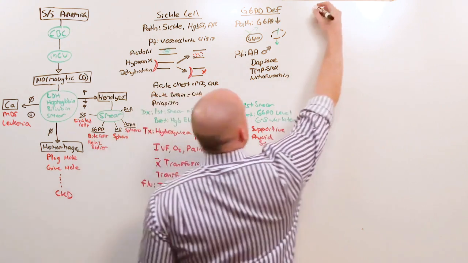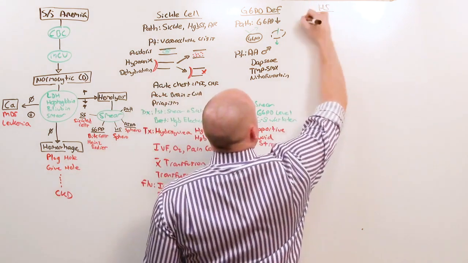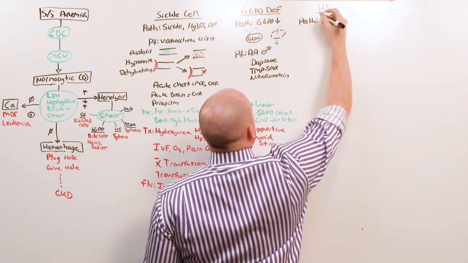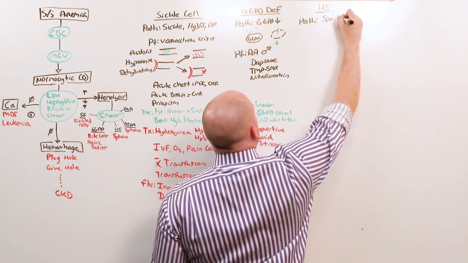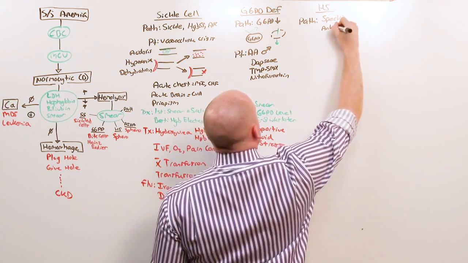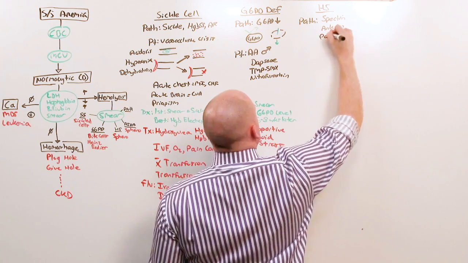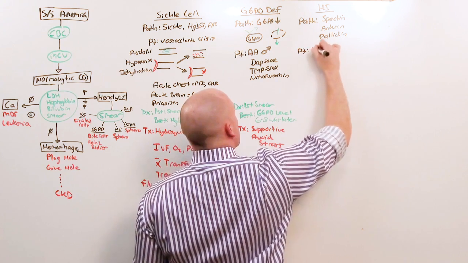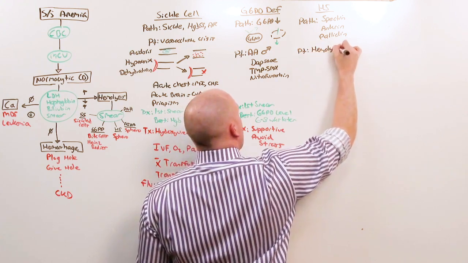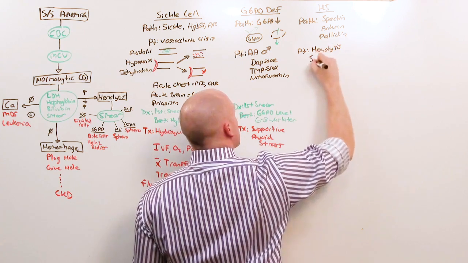Hereditary spherocytosis is caused by red blood cell membrane protein problems, specifically spectrin, ankyrin, and pallidin. The patients are going to present with hemolysis and spherocytes.